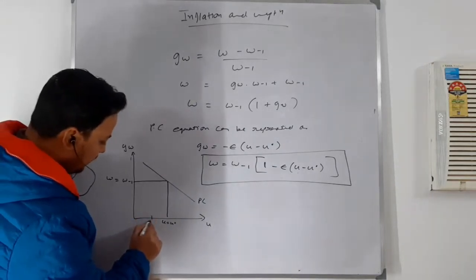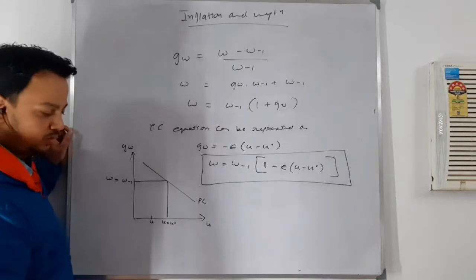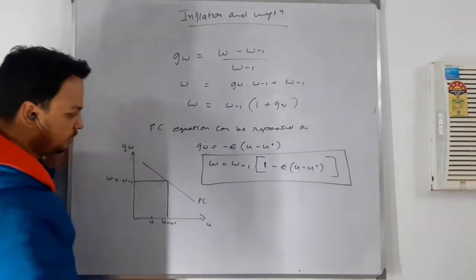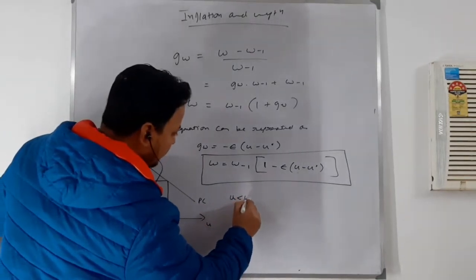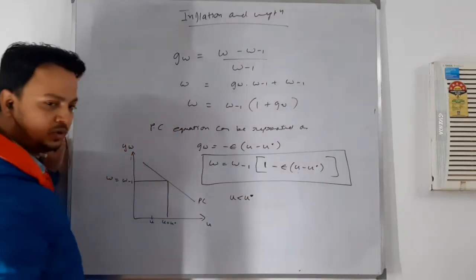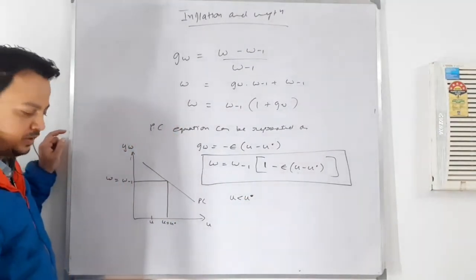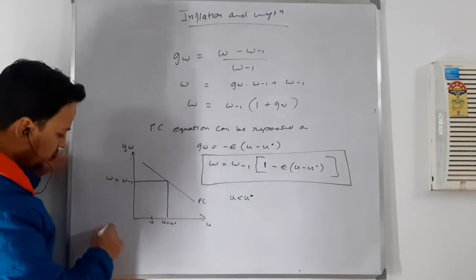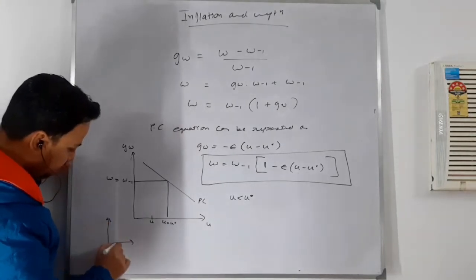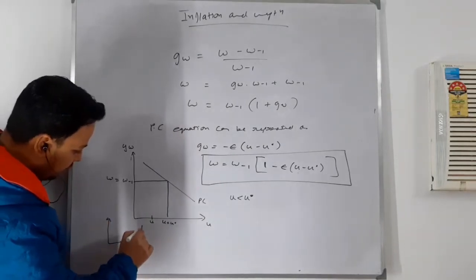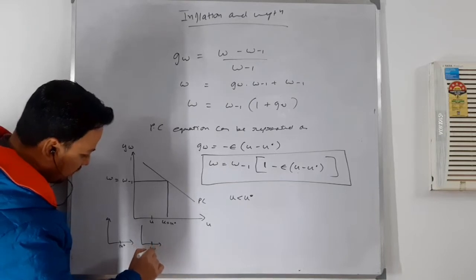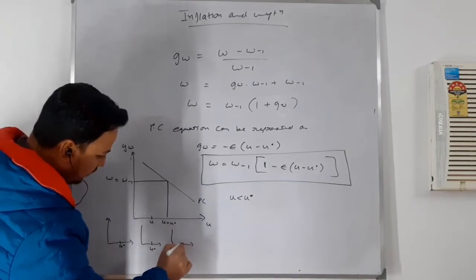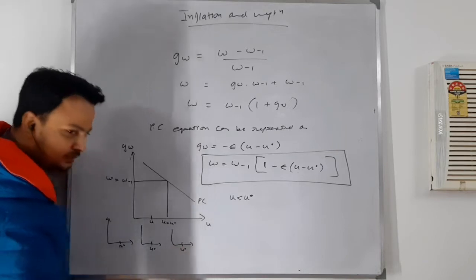If unemployment is less than your natural rate of unemployment, what will happen? If you remember the 3 graphs that I have drawn, look at this graph. N star is the employment level. Based on that you have Y star output level, and based on that you have u star.